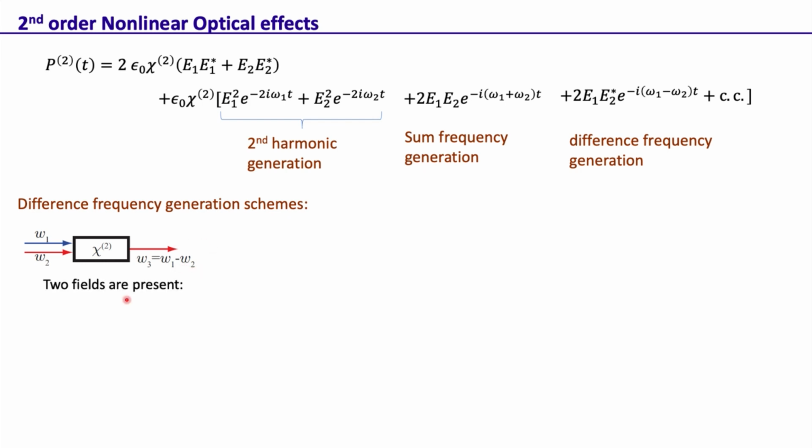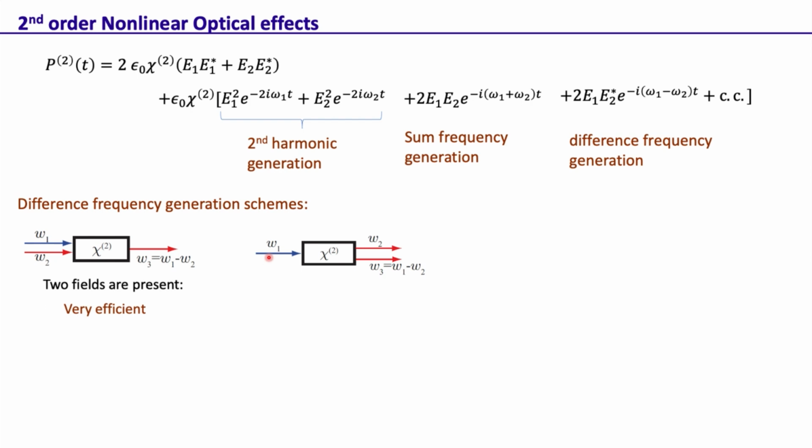But of course, here the two fields are present, so it's very efficient, but we can also do this difference frequency generation in such a scheme where we come in with just a monochromatic field omega 1. Since in quantum mechanics, within field quantization, we have the concept of vacuum modes, all the vacuum modes are actually present. That means the vacuum modes at omega 2 and omega 3, all the frequencies, are present.